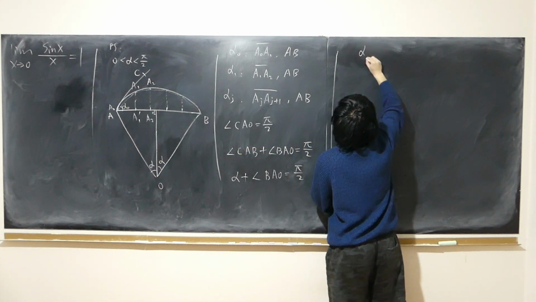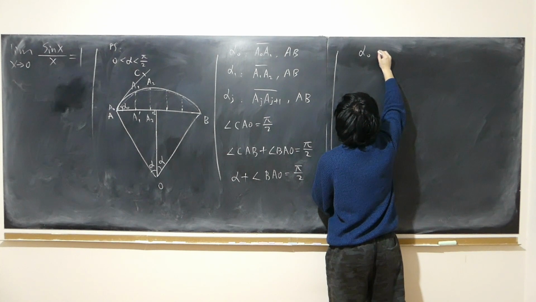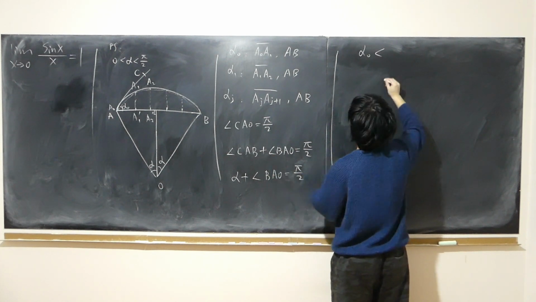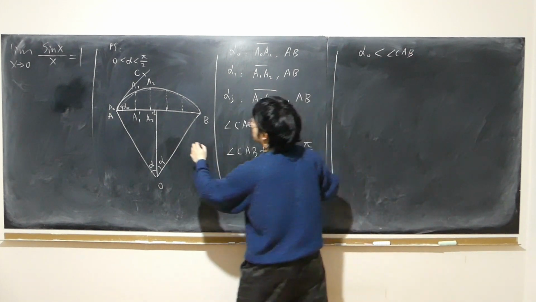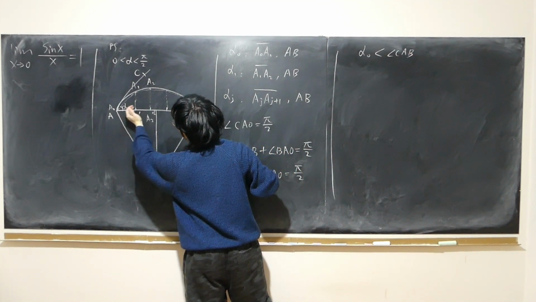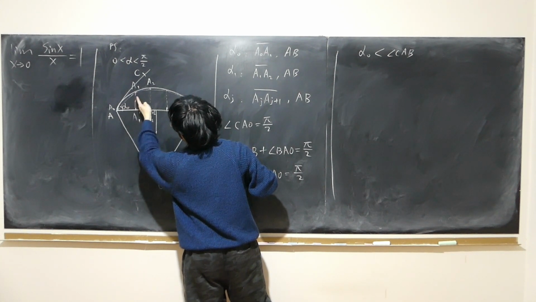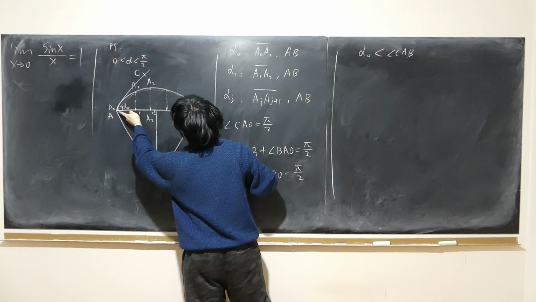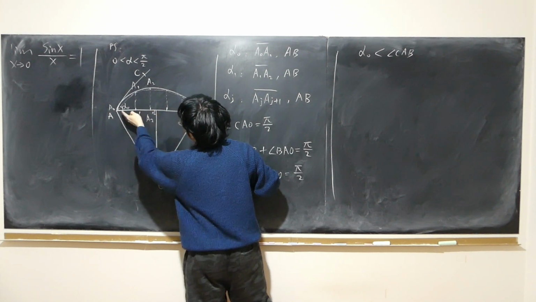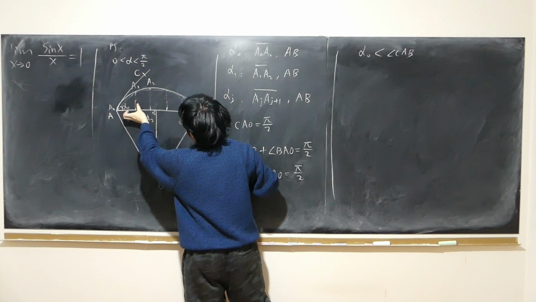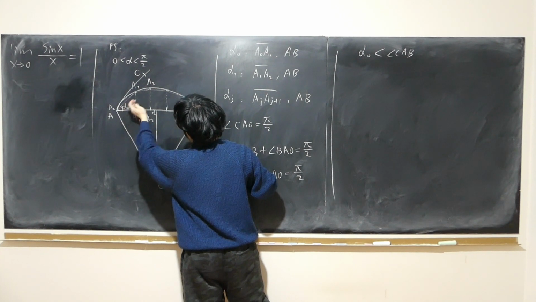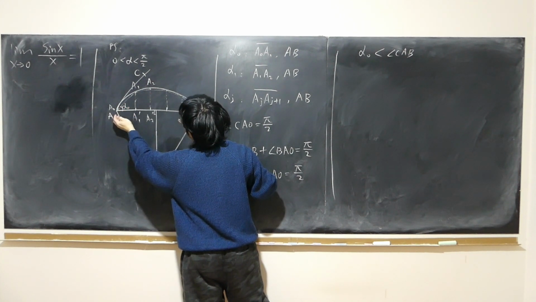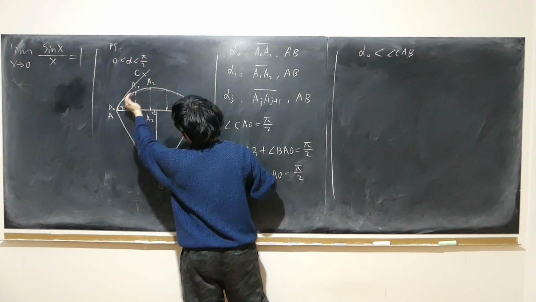I say angle alpha naught is smaller than angle CAB. Why is that? It's obvious from the graph, right? Because the angle alpha naught is the angle between the line segment A naught A1 and AB, and A naught A1 is a secant line within this arc, and AC is a tangent line.